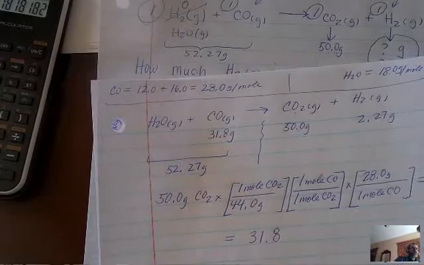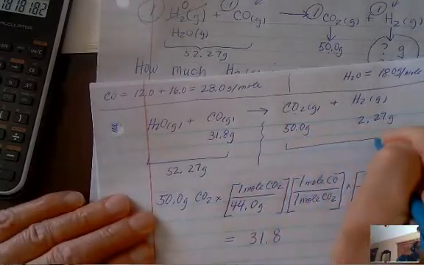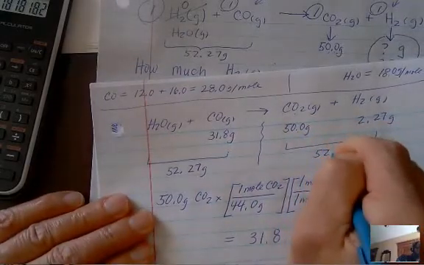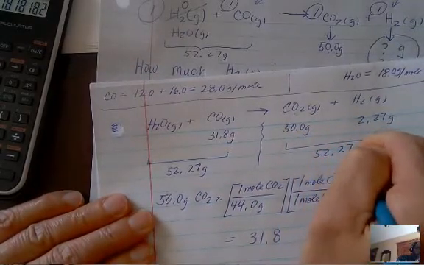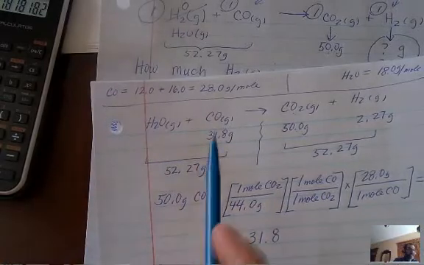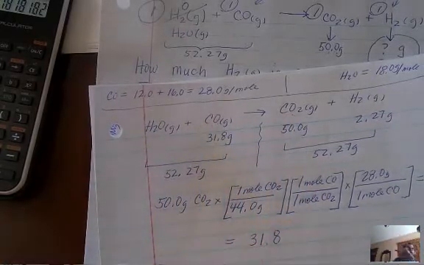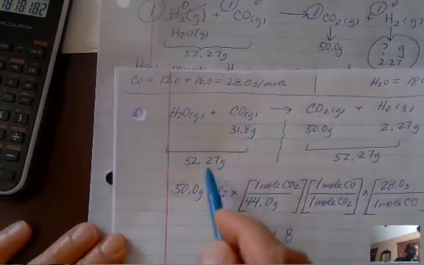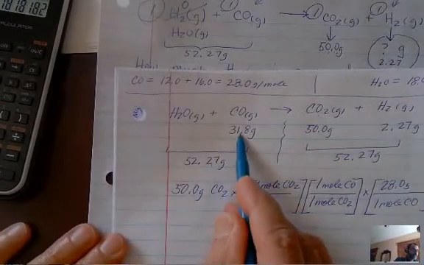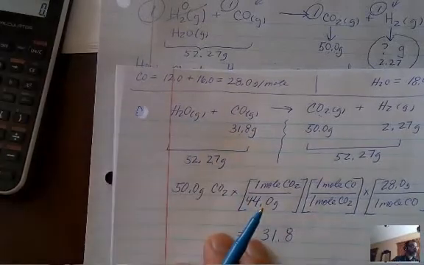Okay, so by conservation of mass, all of the reactants have to equal all of the products. So here's the products. The products are 52.27. The reactants have to be 52.27. Now guys, this has nothing to do with the coefficients. This is just the total in each of the piles. So I can take the total, subtract off 31.8 to get the amount of water.